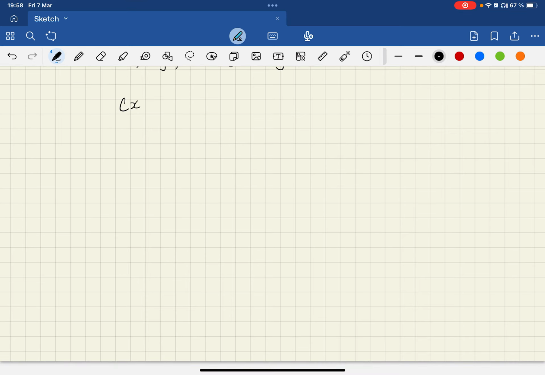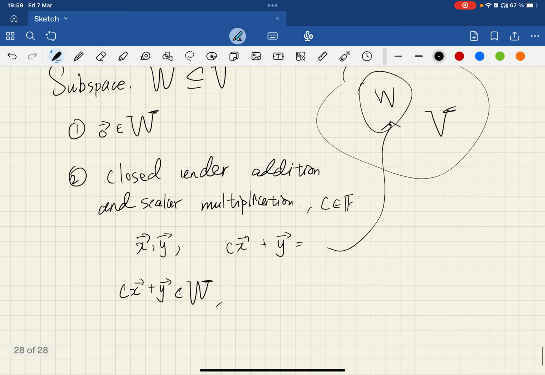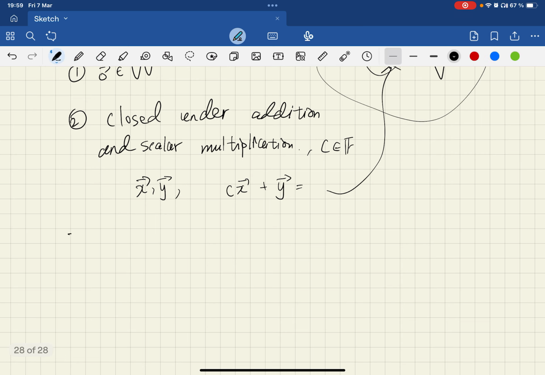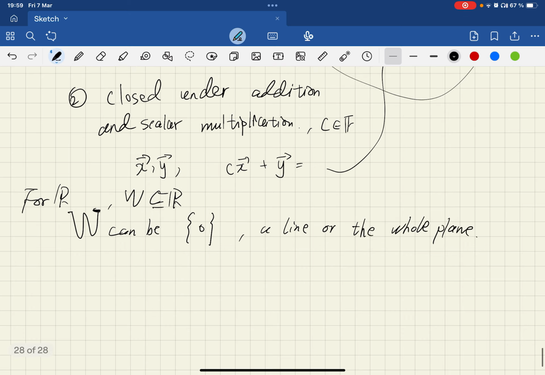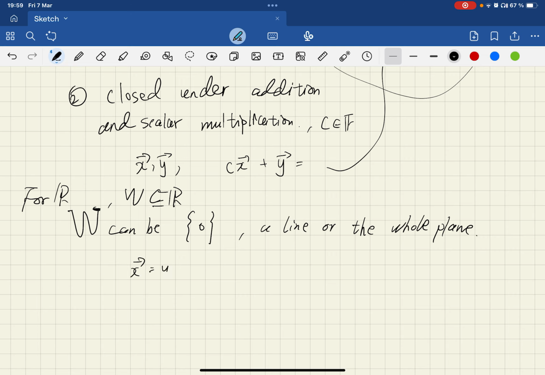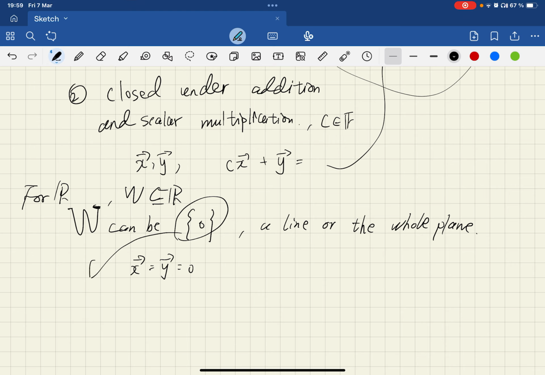So this means that for... there are examples where x equals y equals 0, for only the zero vector.